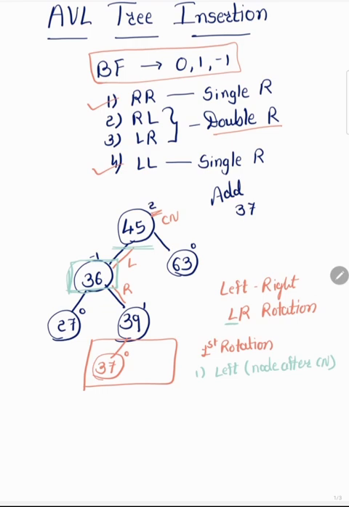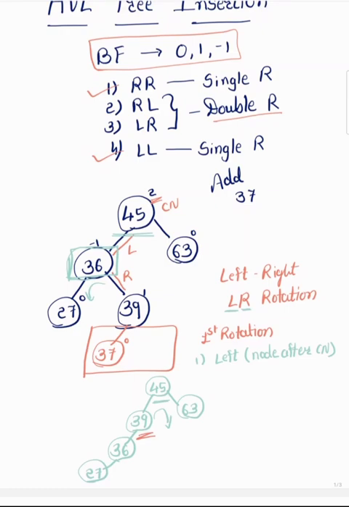So that would result in something like this: 45 would be here, 63 remains as it is. If I rotate it towards left, I'm having 39 over here, 36 is rotated, so it would be here, and 27 here. After this 27, 37 is still remaining, right?